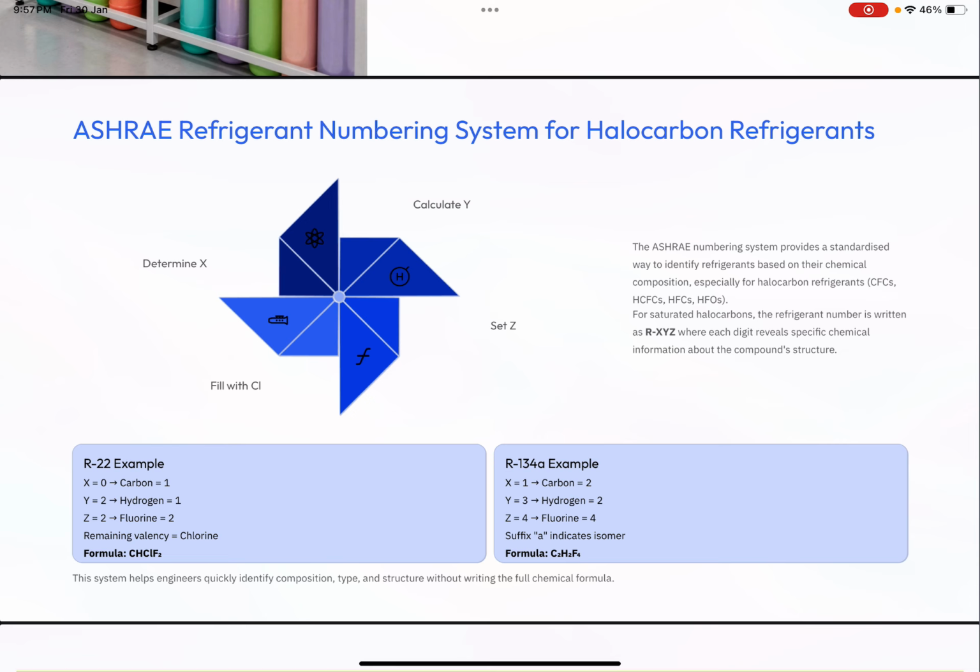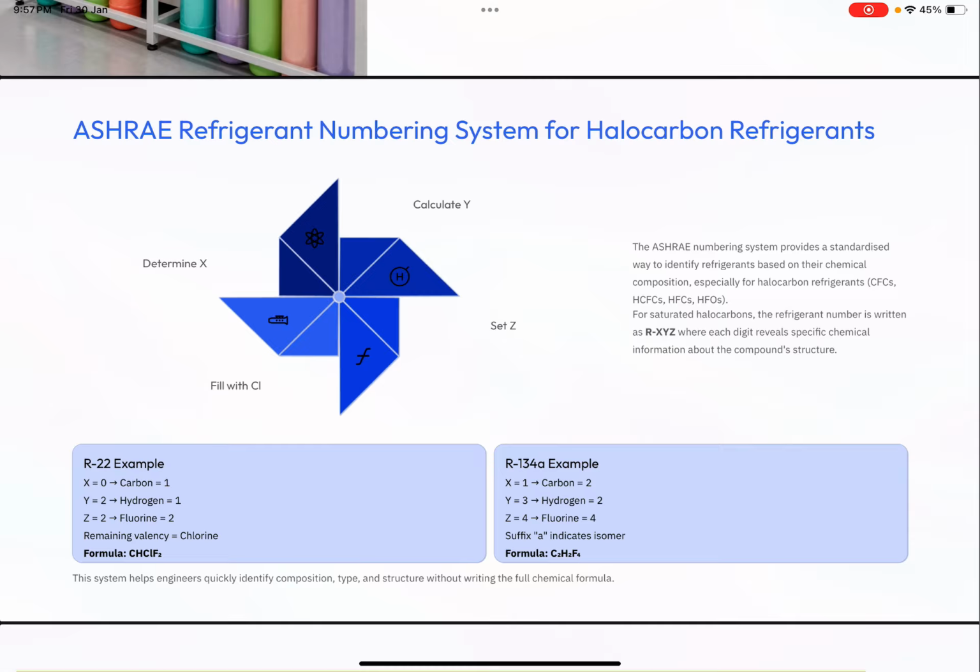In hydrogen, we follow exactly the opposite rule. If the Y value is 2, then the hydrogen is Y minus 1, so 2 minus 1 is 1. And Z is as it is. Z is as it is means if the Z value is 2, it means that the fluorine is 2.